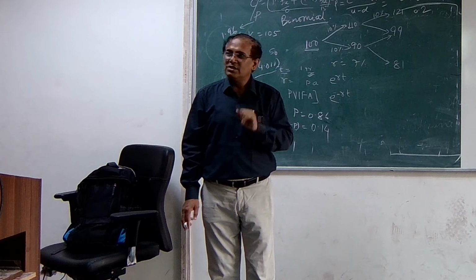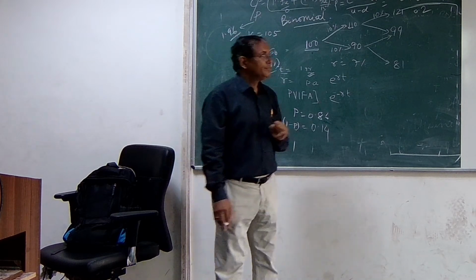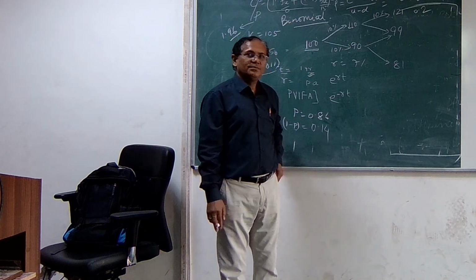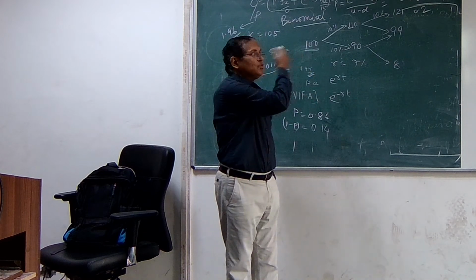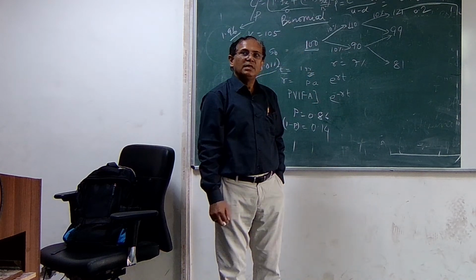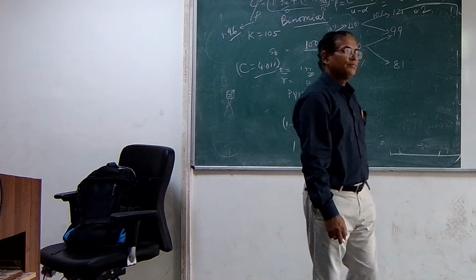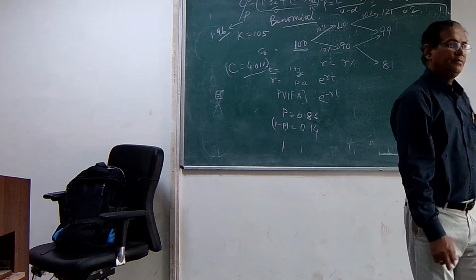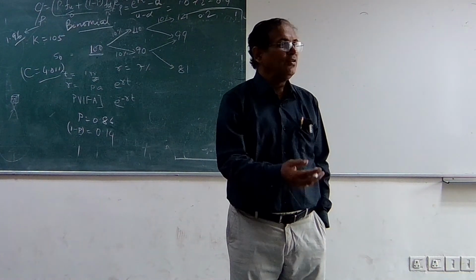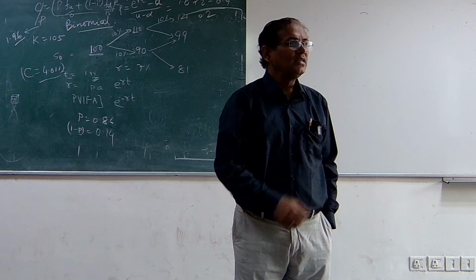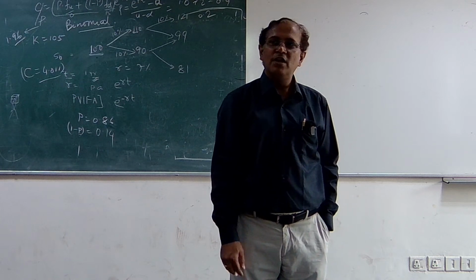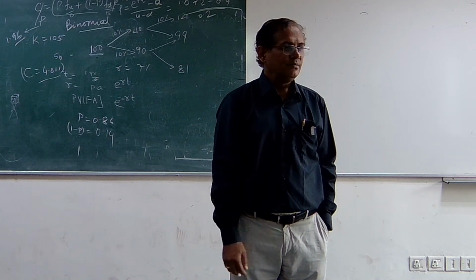Next, we will start from right to left. Right to left means we have to calculate FU and FD. FU is the value when upward movement is there. FD is the value when downward movement is there.